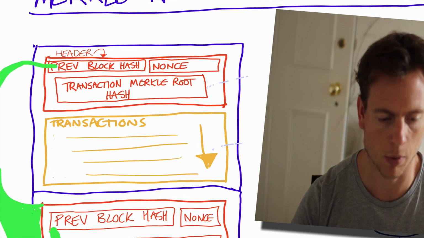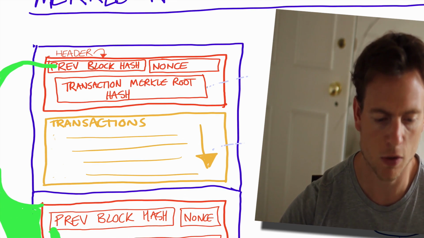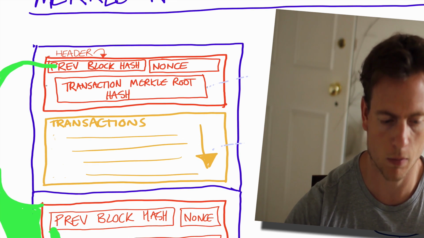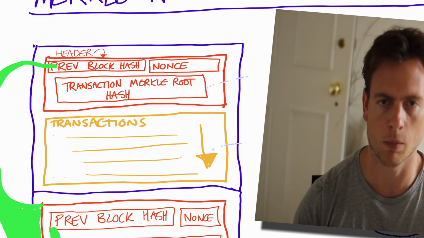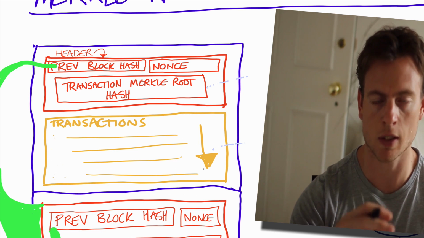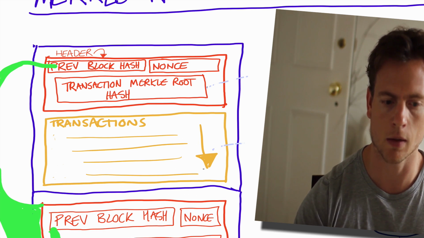So let's take a sample block. The structure of the block is actually divided into the header, and then the body of the block is essentially the actual transactions that are in that block.